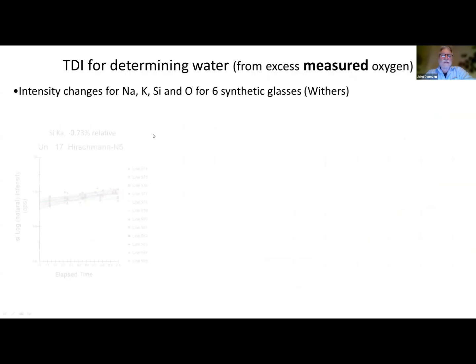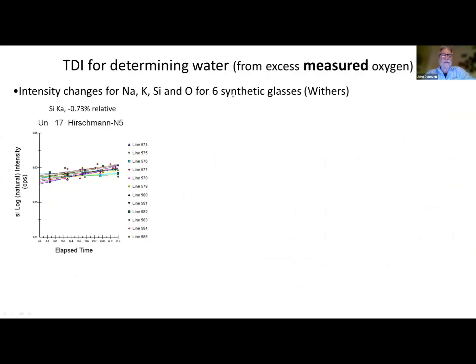Okay, so Erie mentioned measuring water by difference. Just for fun, I tried to see if I could measure water by measuring oxygen, calculating the oxygen assigned to the cations, and then subtracting that away. And that's not easy to do. But I did measure some synthetic glasses from Tony Withers.